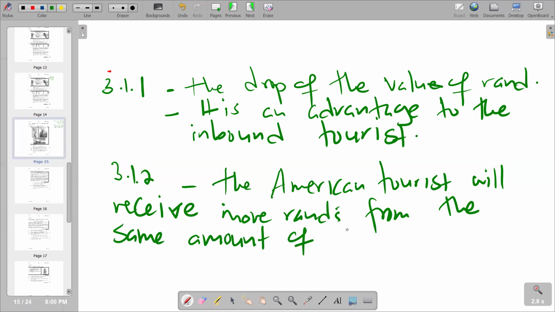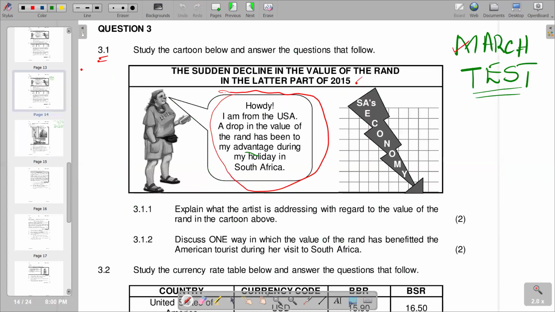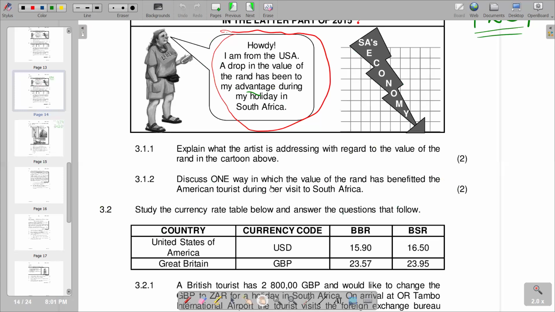That's how the tourist is going to benefit. This is the response for 3.1.2.